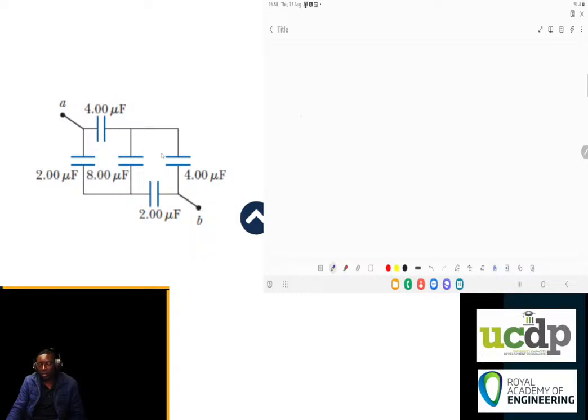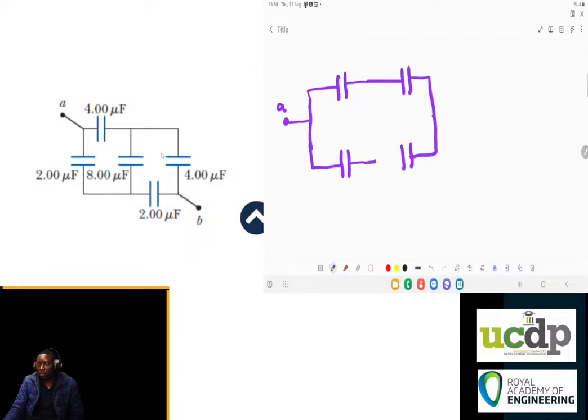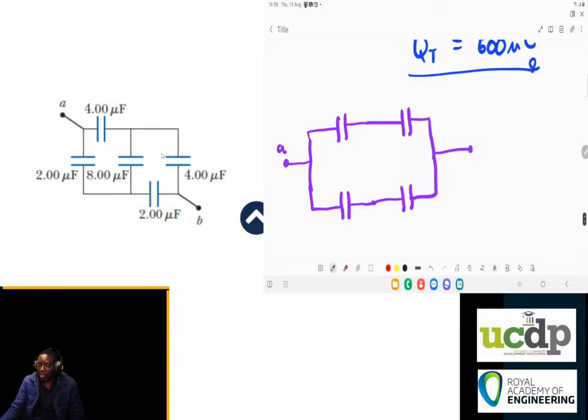So maybe I'll start from the ones that are in parallel, find the ones that are in parallel. Is what I've done correct?